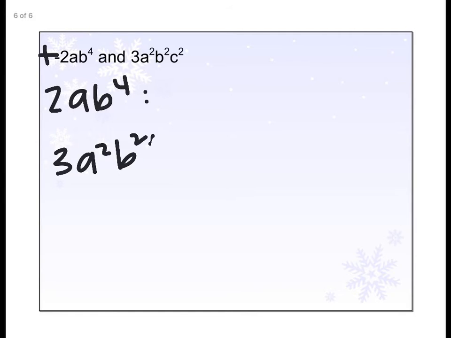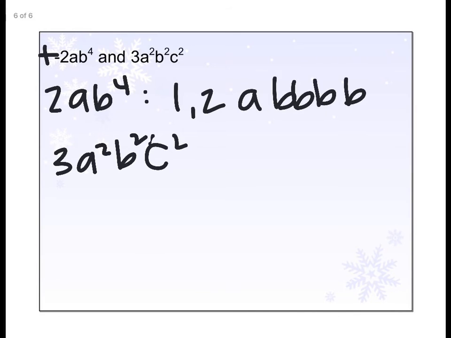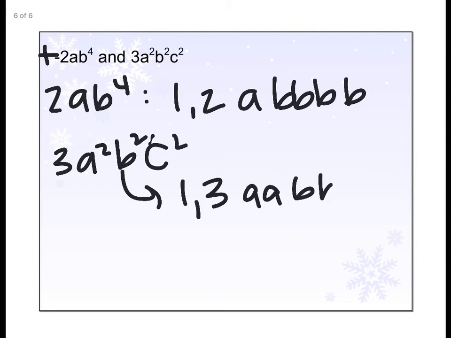Trying to erase that part, doesn't seem to want to. So for this one we have 1 and 2. We have an a, and then we have b to the 4th, so 4 b's. For this one I have 1 and 3, and then it's a squared, so 2 a's, b squared, and c squared.